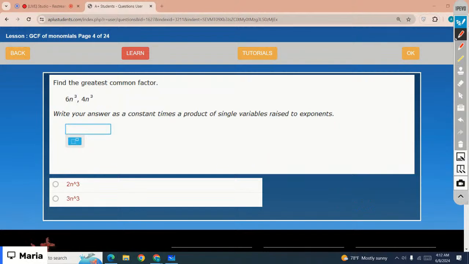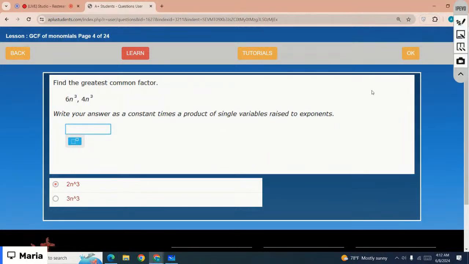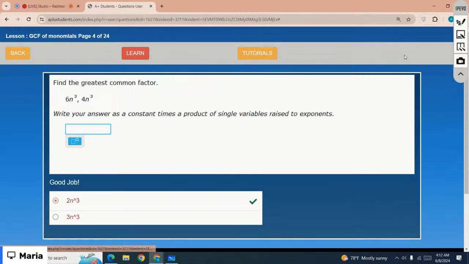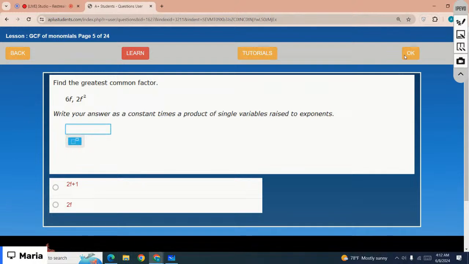Okay, let's just move on to next one. Find the greatest common factor 6f and 2f square. So which is the correct option?